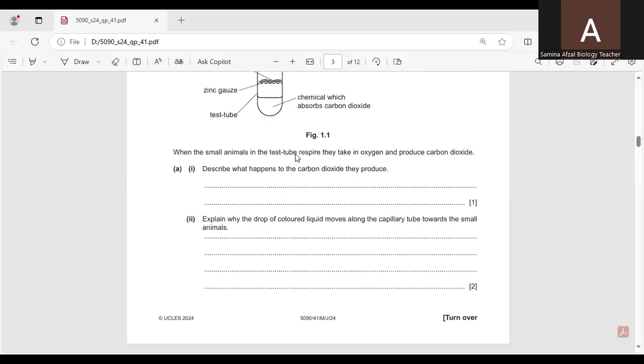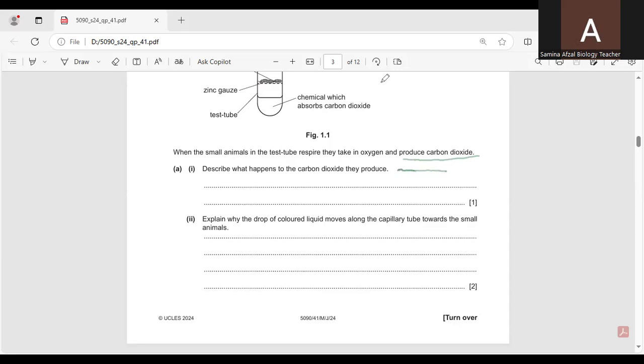Now the question is, according to this apparatus, when the small animals in the test tube respire, they take in oxygen and produce carbon dioxide. During respiration, oxygen is taken in and carbon dioxide is removed. But in this apparatus, they have asked to describe what happens to the carbon dioxide they produce.